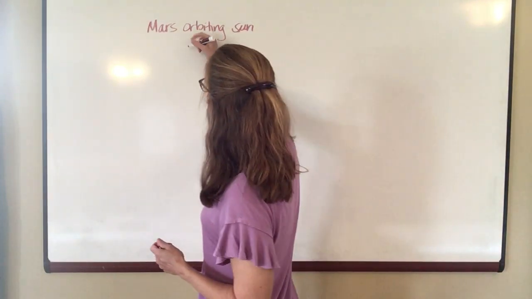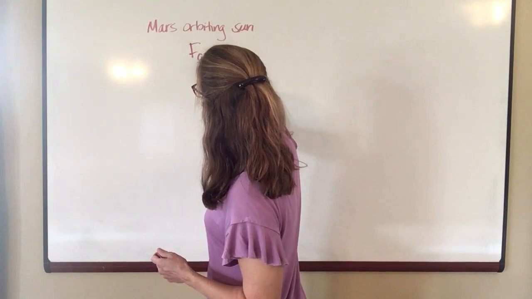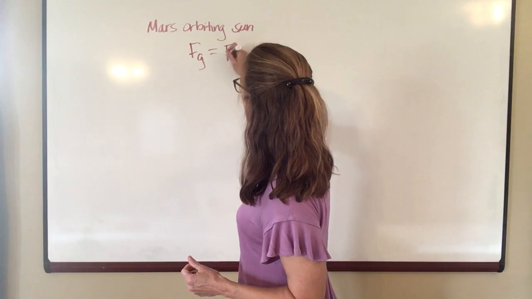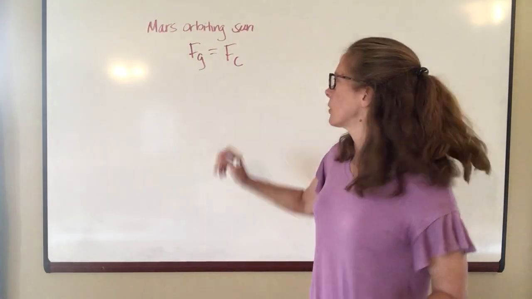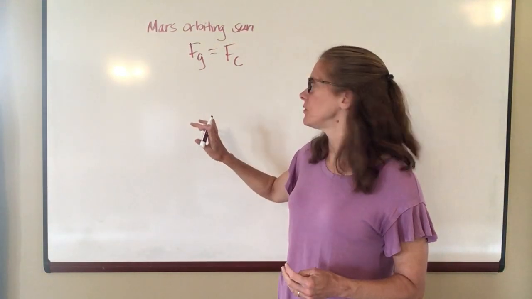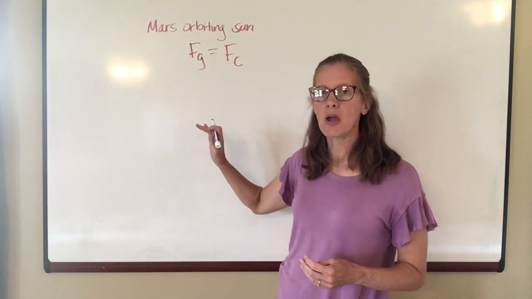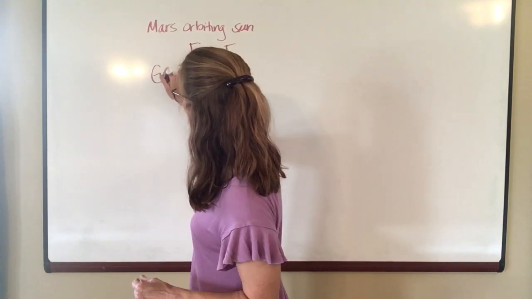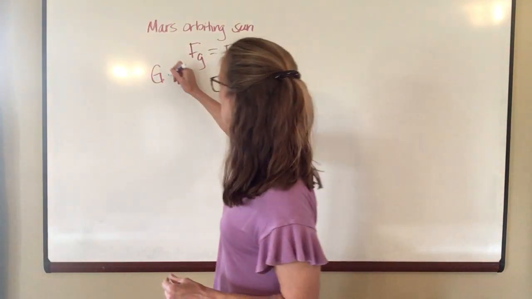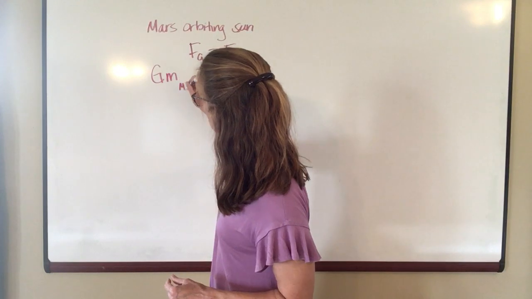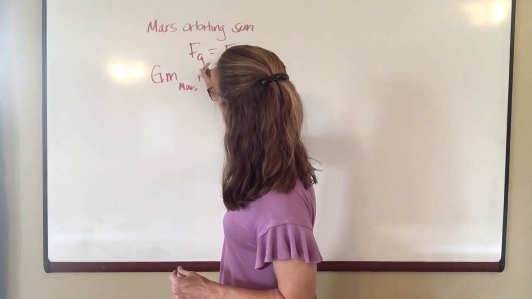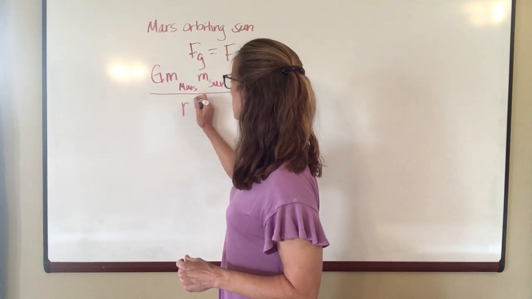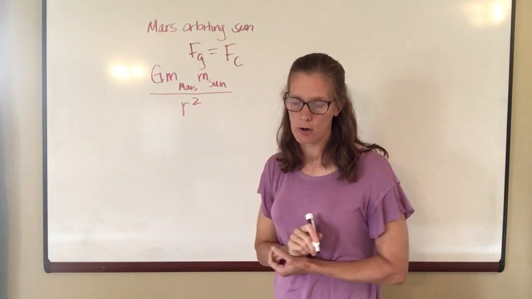So I know that the force of gravity from the sun is equal to the centripetal force. Okay? What do I know about each one of these? Well, I know that gravitational force, if I use Newton's law of universal gravitation, is the gravitational constant times the mass of Mars times the mass of the sun, all over the distance between them squared.